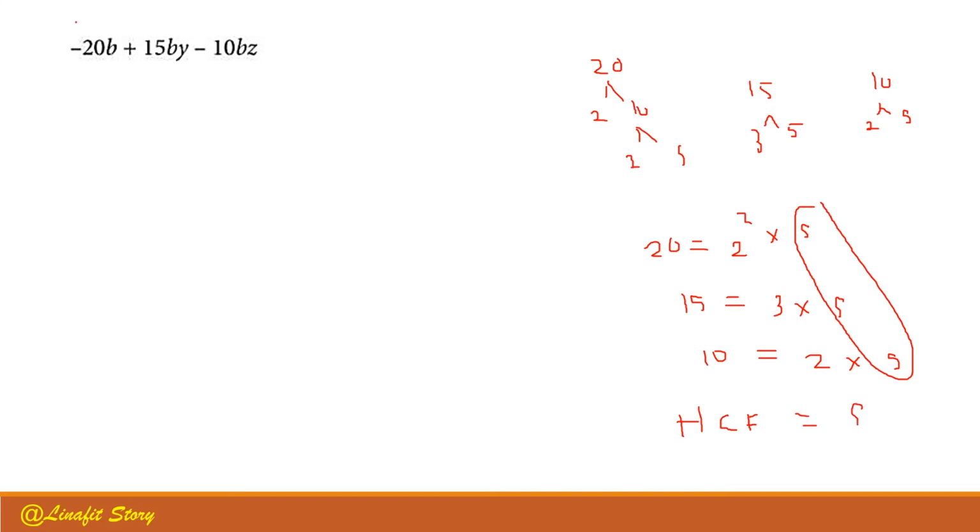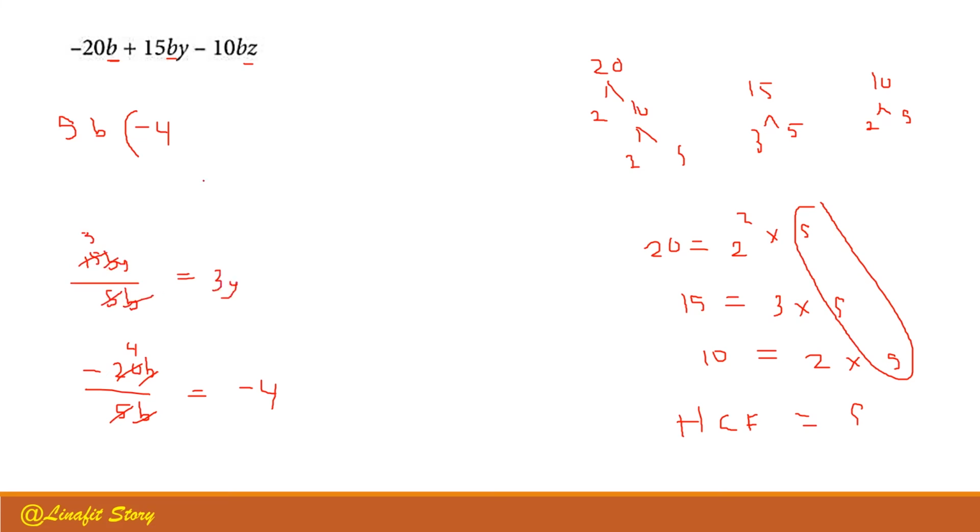So the common factors are 5 and b. Open bracket, negative 20b divided by 5b, so the result is negative 4. 15by divided by 5b, the answer is positive 3y.